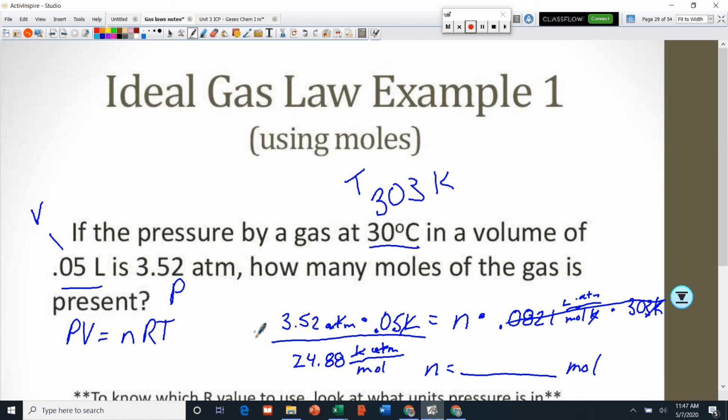So when we solve this, 3.52 times 0.05 divided by 24.88 gives us that we have 0.007 moles.